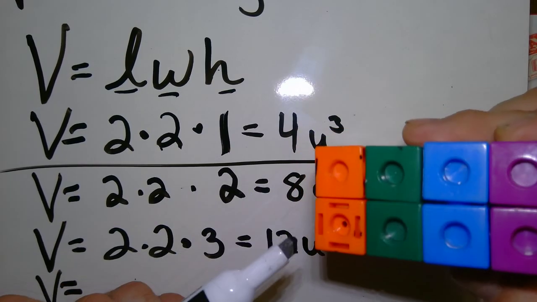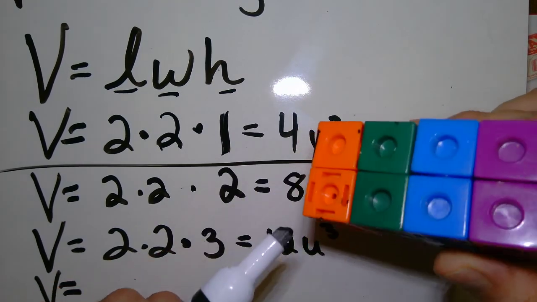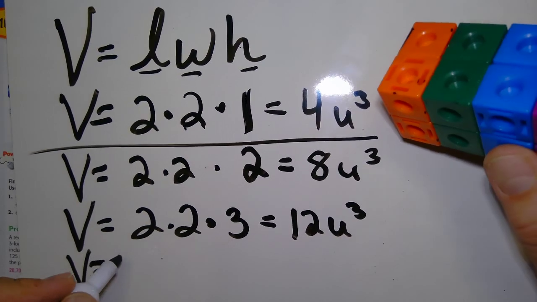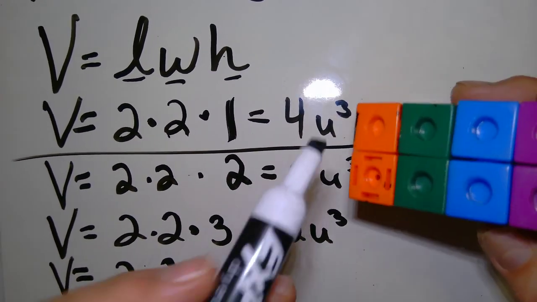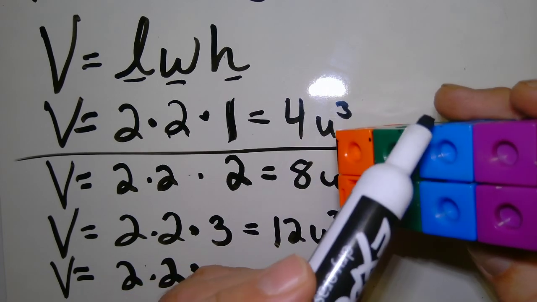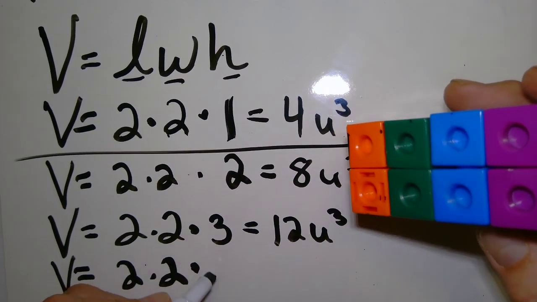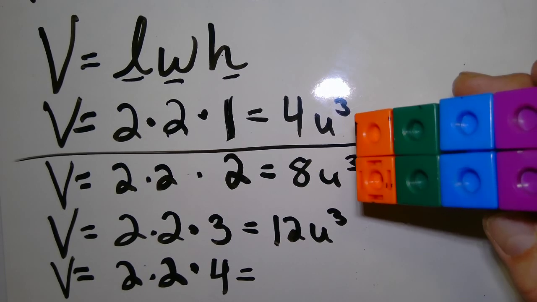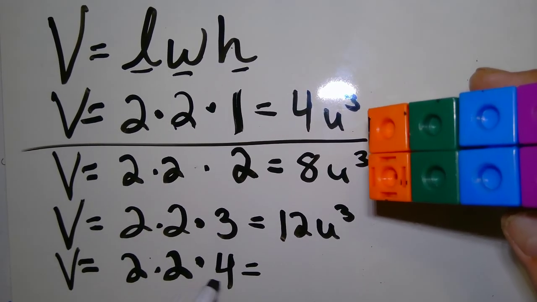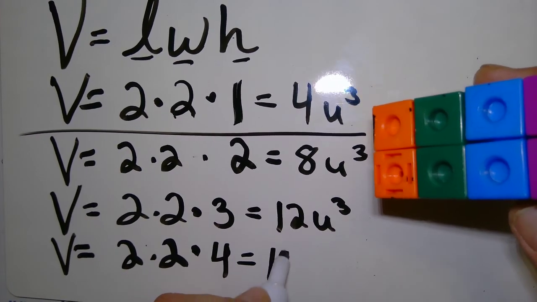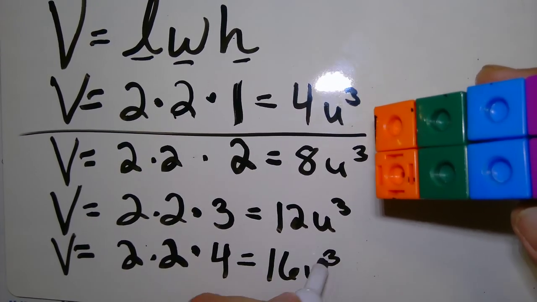So now we still have our same base. Length of 2, width of 2. So we're going to write that down. 2 times 2 times our new height, which is 1, 2, 3, 4. Times 4. Okay? So all we do is multiply them out now. 2 times 2 is 4. Times 4 is 16 units cubed.